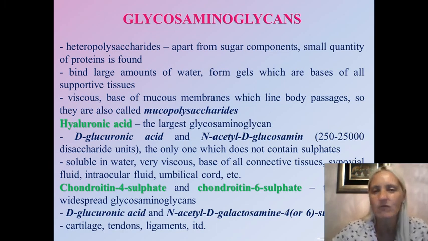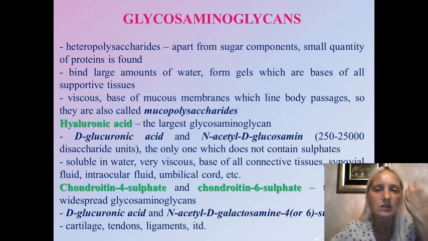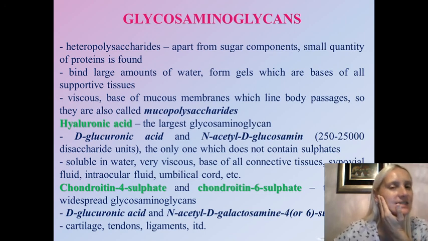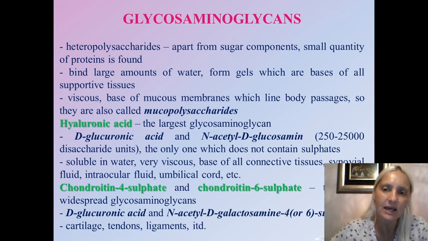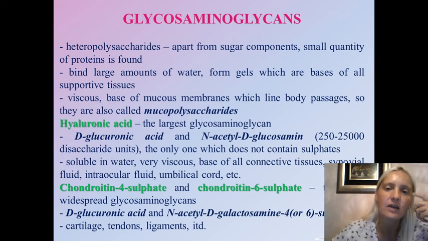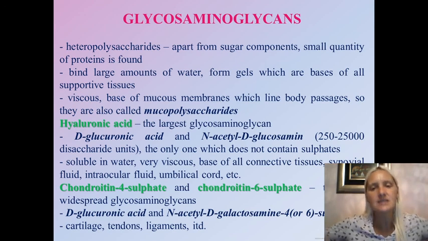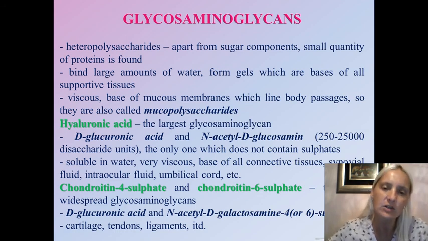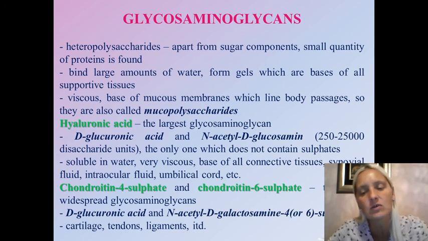Hyaluronic acid, everyone talks about hyaluronic acid nowadays for the maintenance of the proper strength and elasticity of our skin and supportive tissues. It's the largest glycosaminoglycan, and it's a polysaccharide containing two types of monosaccharide units, which are D-glucuronic acid and acetyl D-glucosamine.